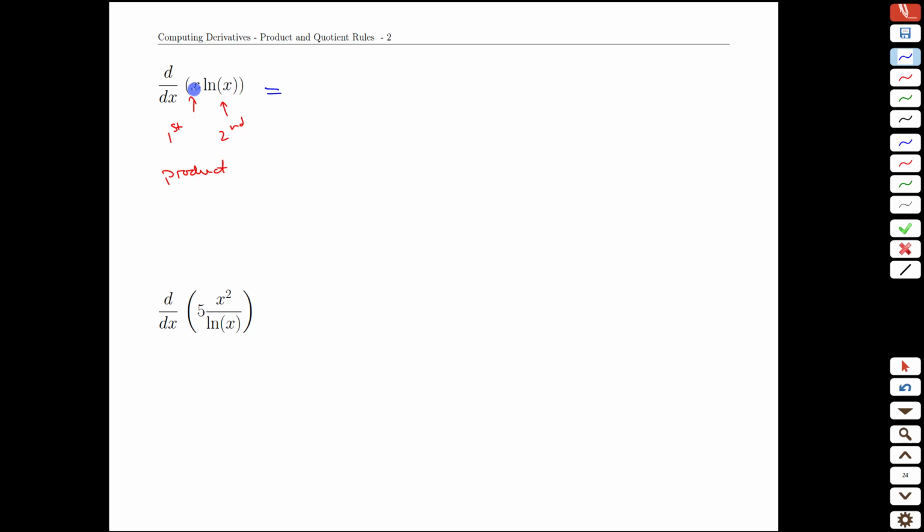The derivative of the first is the derivative of x, and that is simply the constant function 1, times the second, so times ln of x. Capturing that idea in the notation that we used before, we have the derivative of the first times the second, unchanged. Then we add, for the product rule, the first unchanged, so the x stays the same, and then we look at the ln x and take its derivative, which is 1 over x.